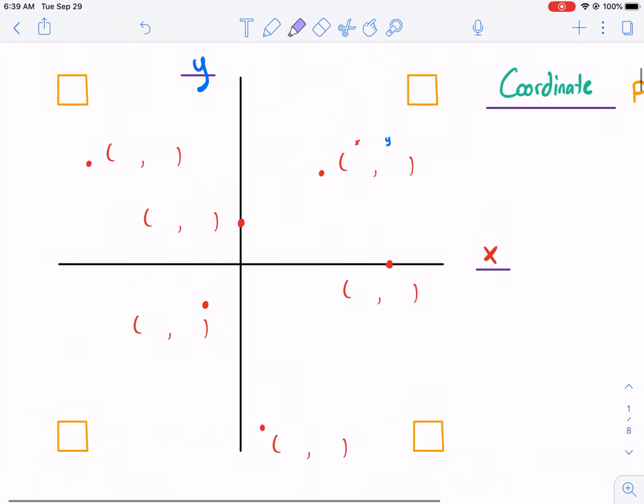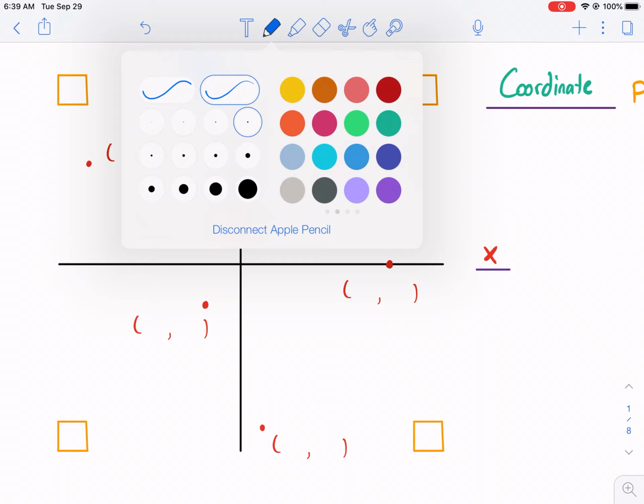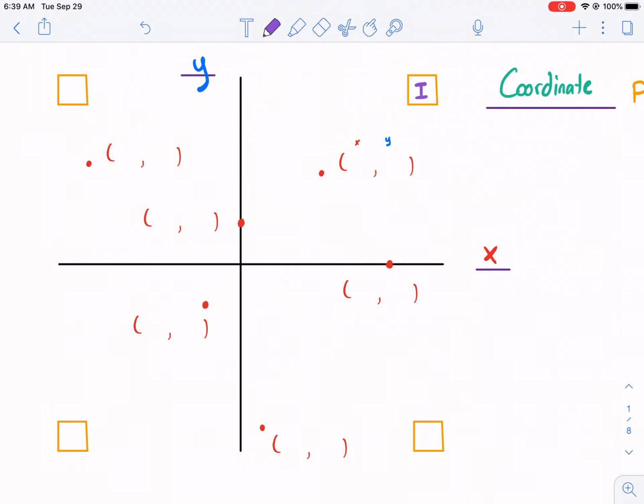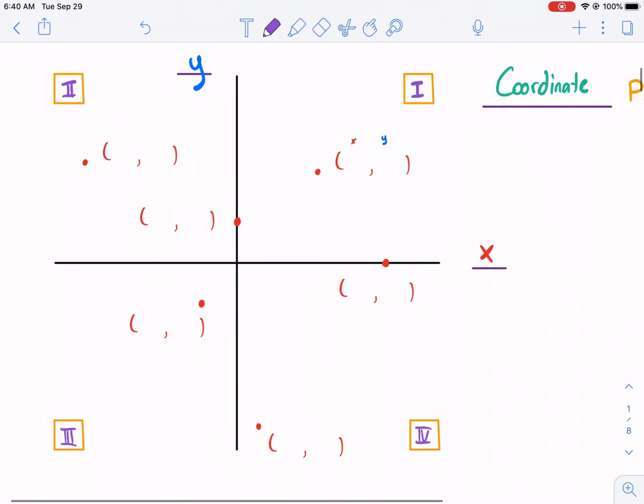Now, what are the quadrant numbers? The quadrant numbers go in a counterclockwise fashion, and they use Roman numerals: I, II, III, and IV. That's 1, 2, 3, 4.